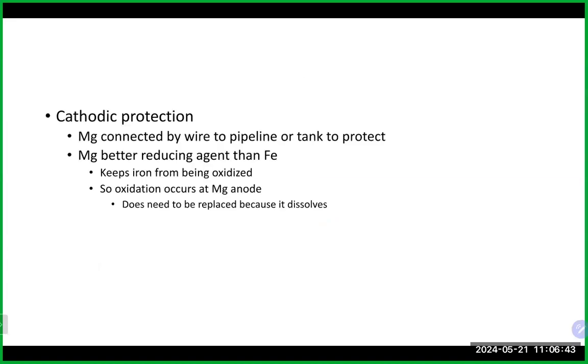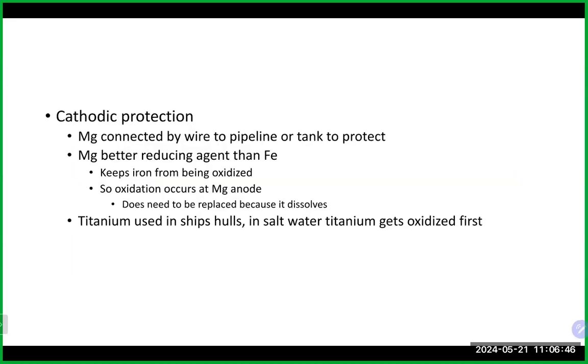Another way that sometimes this sort of protection is used, you could do cathodic protection. For example, you could take magnesium that's connected by a wire to a tank or something like that that you bury under the ground. Obviously, you bury this tank under the ground, there's a lot of moisture and stuff like that. It could just go through corrosion.